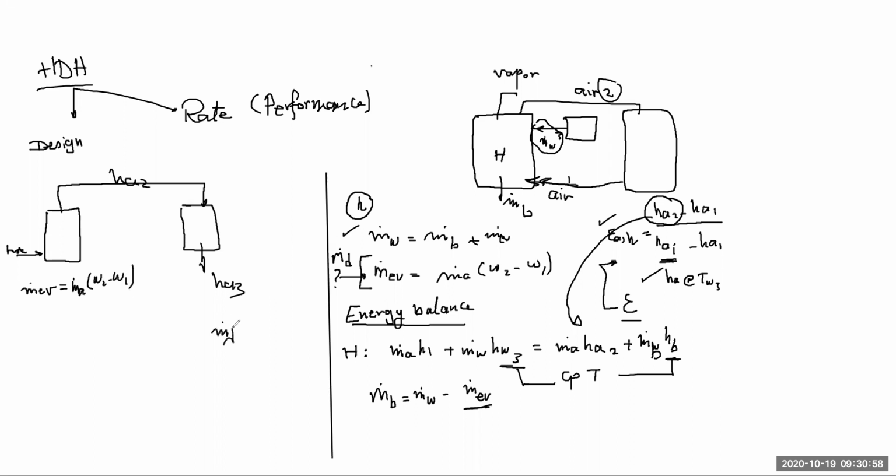But m dot distillate is the difference across this unit, so it will be m dot air times omega 2 minus omega 3. So these two values are not the same. It's not a closed loop of the air: you are extracting air from the atmosphere and throwing air to the atmosphere. In that case, omega 1 and omega 3 are not the same.